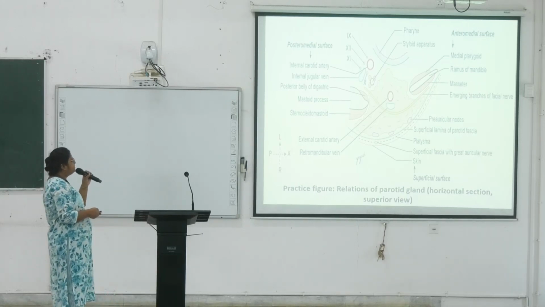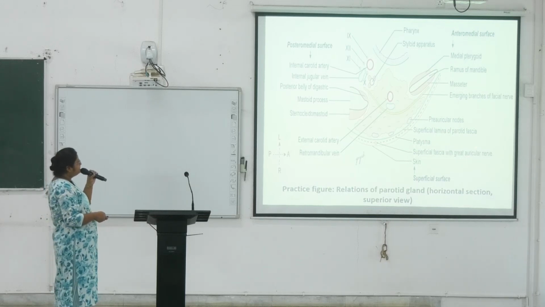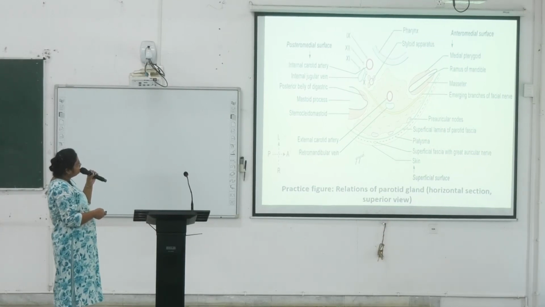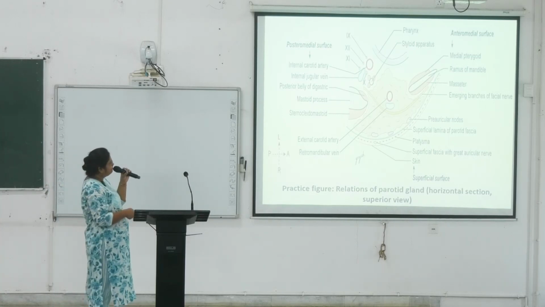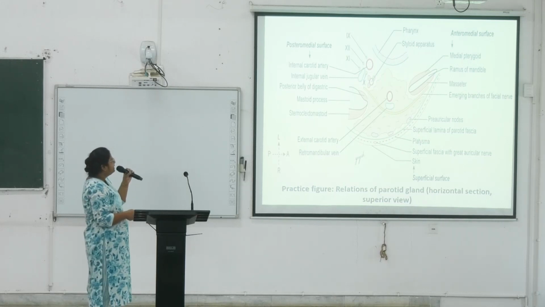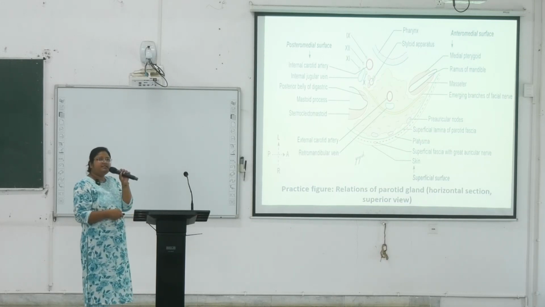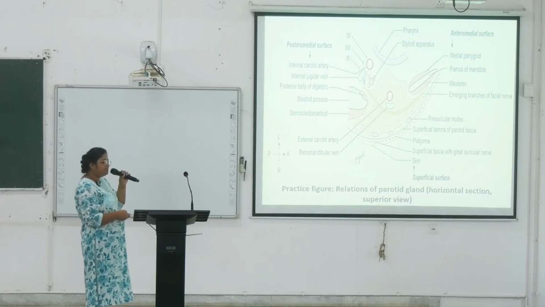It is covered from outside inward by skin, superficial fascia with the great auricular nerve, then preauricular nodes, then there is the deep fascia, formed by the investing layer of the deep cervical fascia, forming the parotidomasseteric fascia over this region. And then there are preauricular lymph nodes, then the superficial surface of the gland is lined.